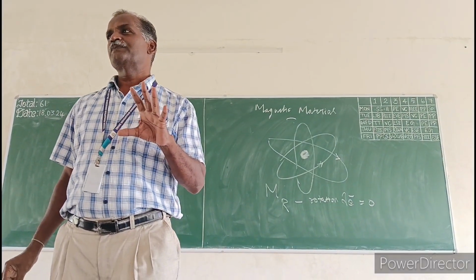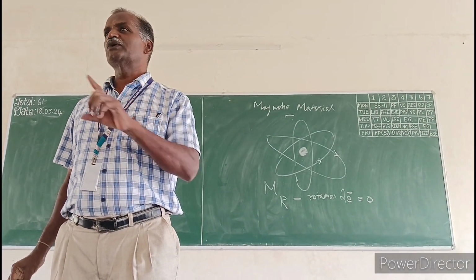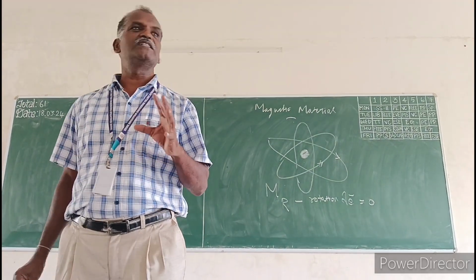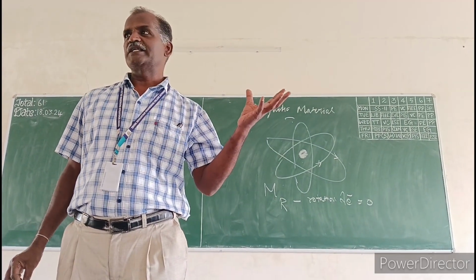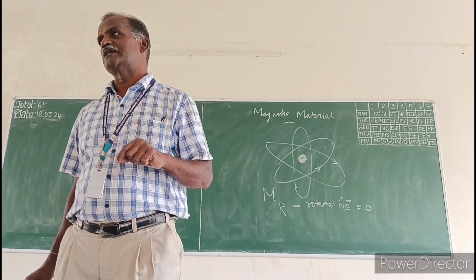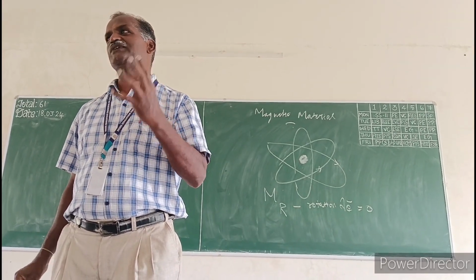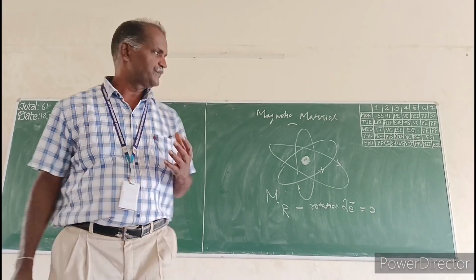However, the electron is not only rotating around the nucleus, it also spins, like the movement of Earth around the Sun. Because of that, some magnetic effect will also be present in the atom.